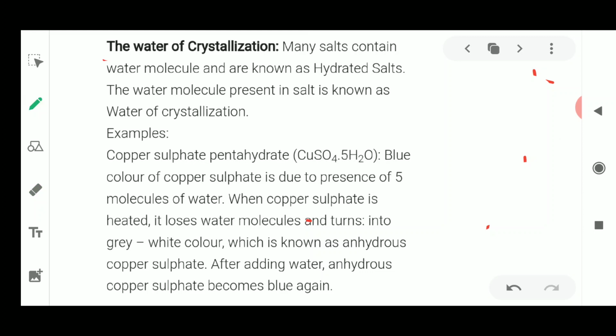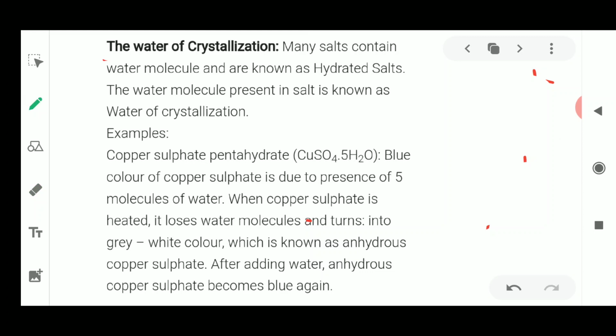Now how is this made? This is one of the activities given in your NCERT book, where you make a saturated solution of this copper sulfate salt, heat it for some time, and then leave it overnight. The next day we will see that crystals have formed in the china dish.